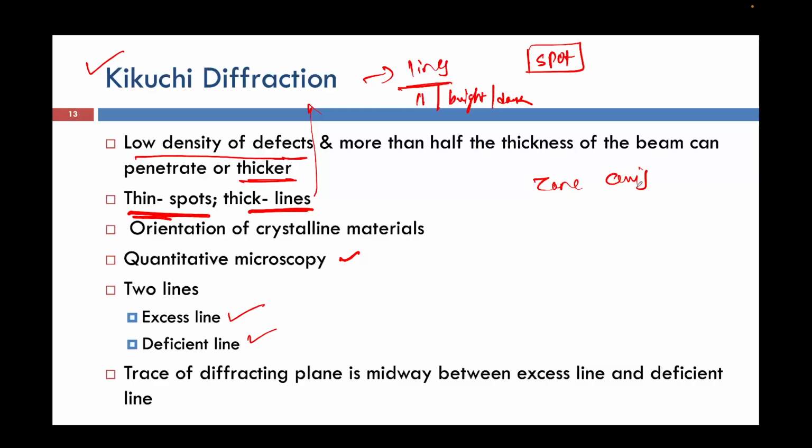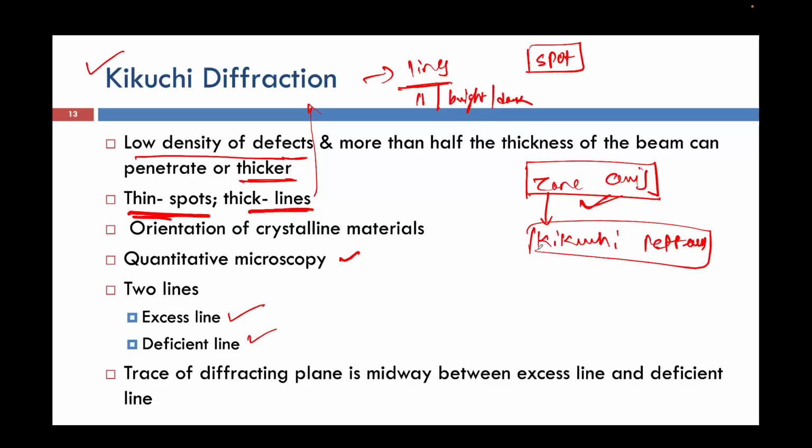So by viewing the Kikuchi line, we will be going to our zone axis, because in transmission electron microscopy, this zone axis is one of the most important parameters to see any kind of structural features. If you are not at the correct zone axis, you will not be able to see the features which you are trying to see. Going to the correct zone axis is only possible when we know how our Kikuchi pattern is coming, whether the pattern that we have got is the correct pattern or not.